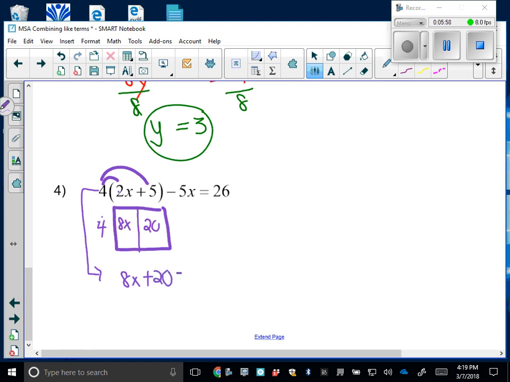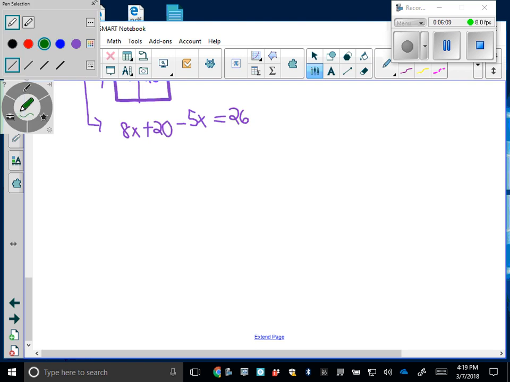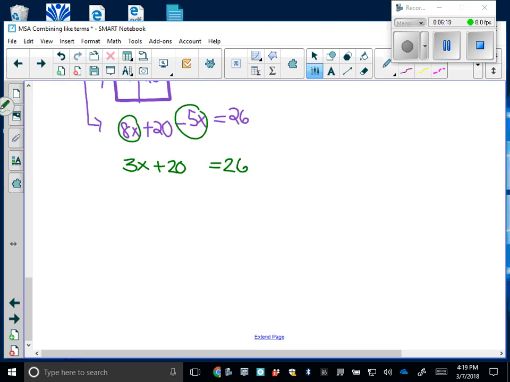And then I have to bring down the 5x and the equals 26. Now I'm going to combine like terms. 8x take away 5x is 3x, plus 20 is equal to 26.